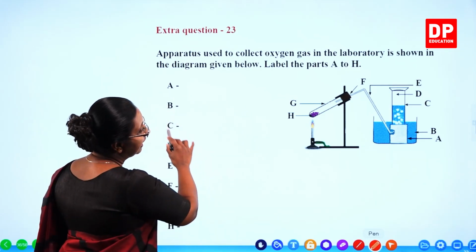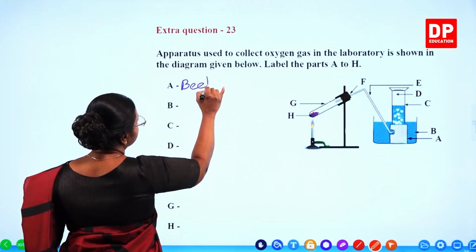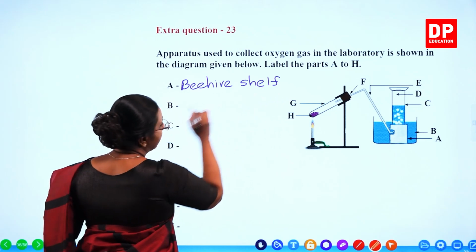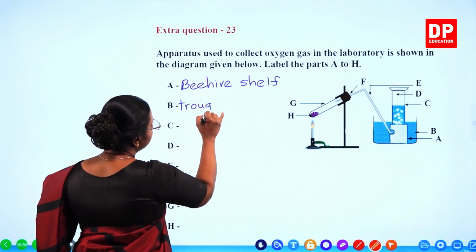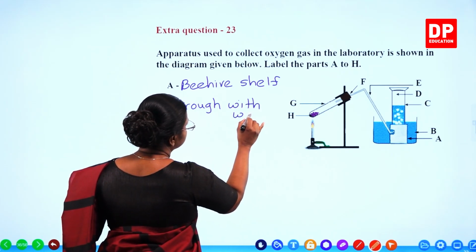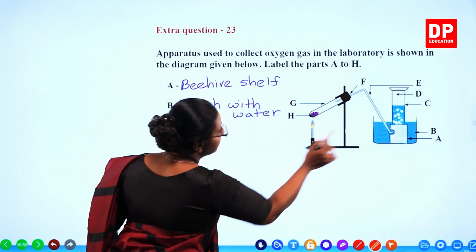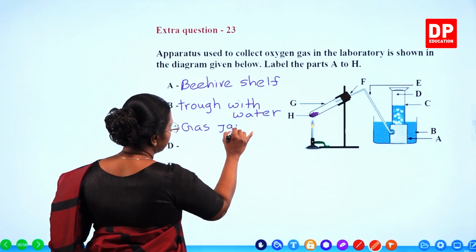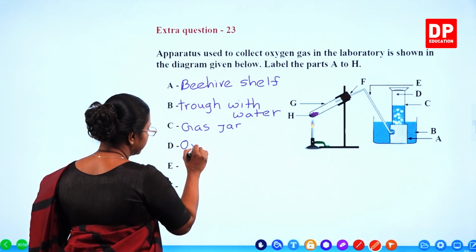So, here A we identified as beehive shelf. Then what is B? Trough with water. Then C, that is the gas jar. Then D we identified it as oxygen gas.